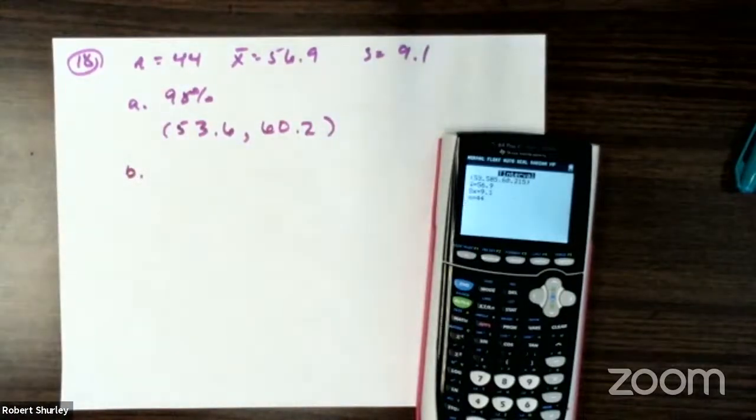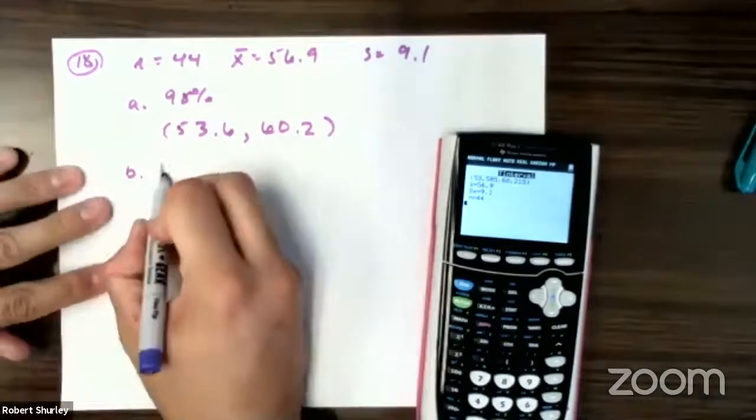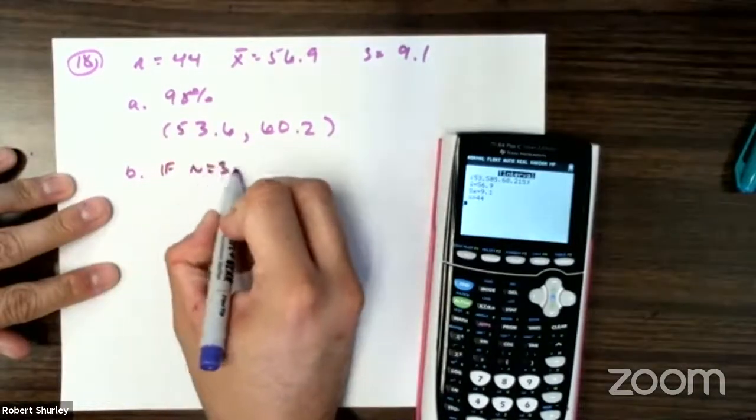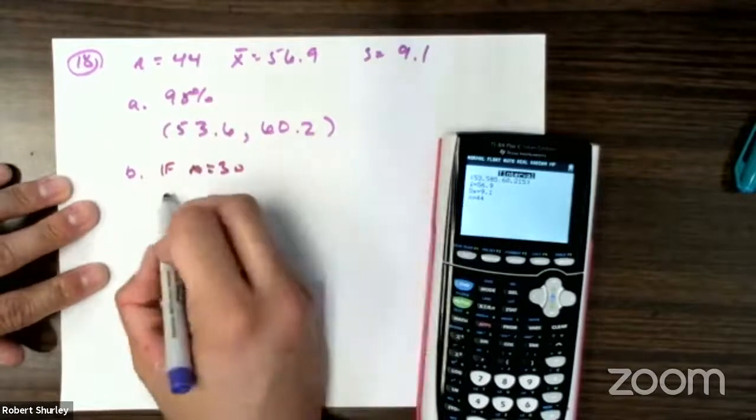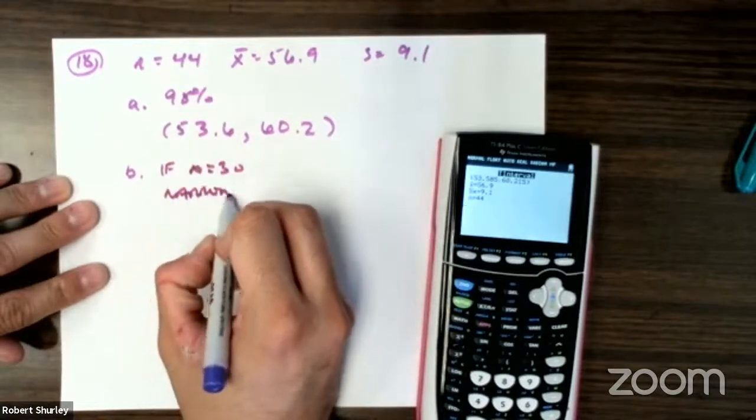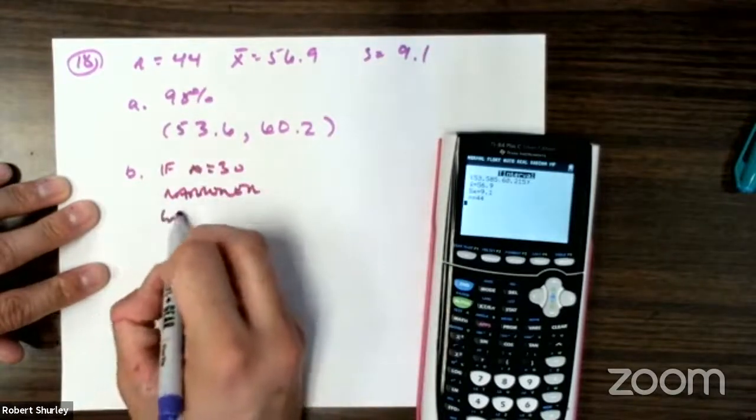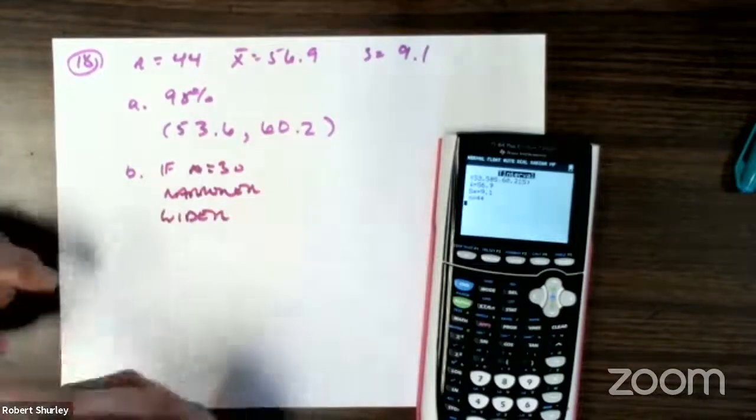Now, B didn't ask for interpretation, so I'm not writing it down. You'll get some interpretation in the homework. But B says, if the sample size were 30, would the confidence interval be narrower or wider? N equals 30. Is it going to be narrower or wider? What do you think, Lori? I think it's going to be wider.